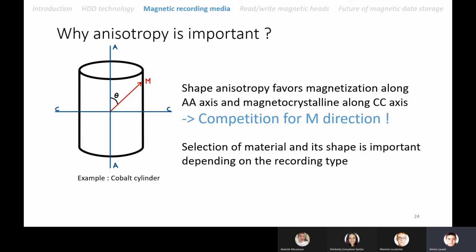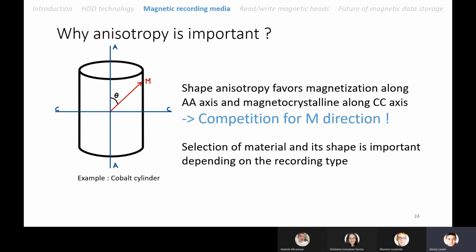I said earlier that the magnetic anisotropy is important, but why? If we take the example of a random cobalt cylinder, which is thus made of ferromagnetic material, there will be a competition for the magnetization direction.